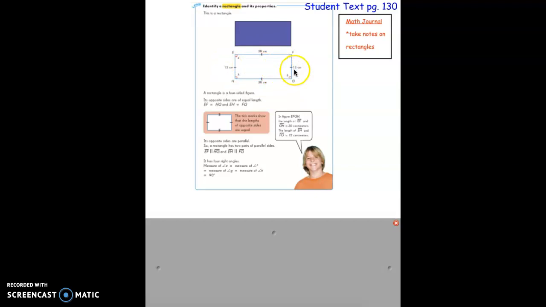The two shorter sides have the same length. So if you notice, there's one tick mark here and one tick mark here. That means these are both 12 centimeters. And then on this rectangle, you have two tick marks here, and it says 30 centimeters, and the opposite or parallel side is also 30 centimeters.